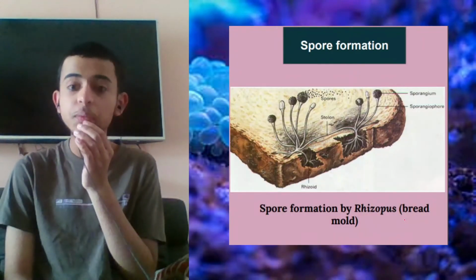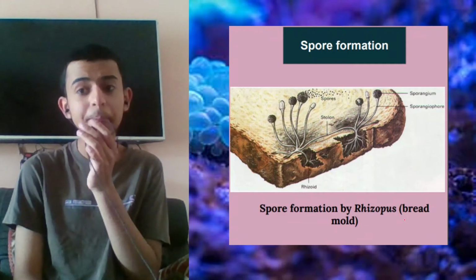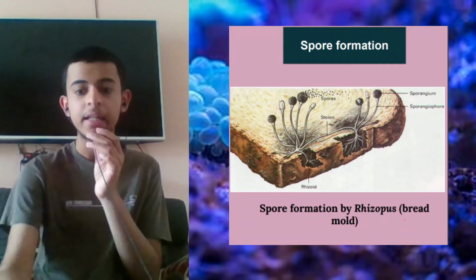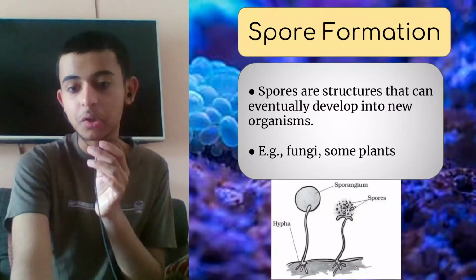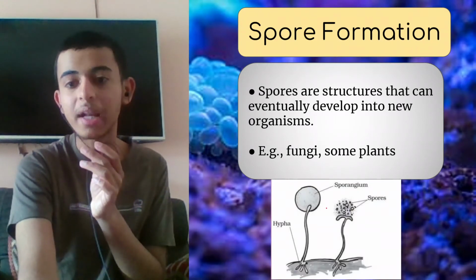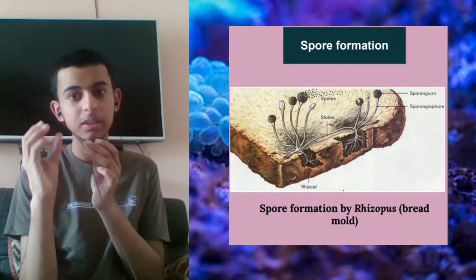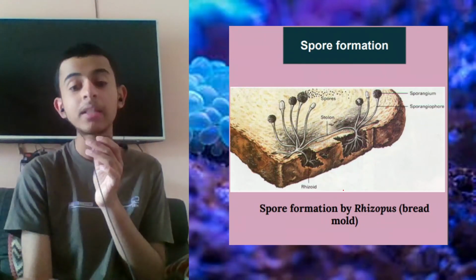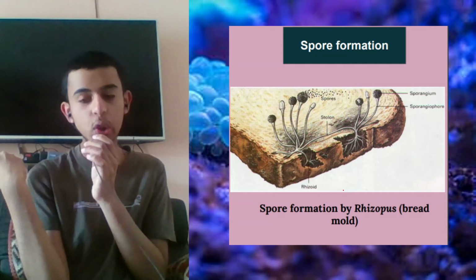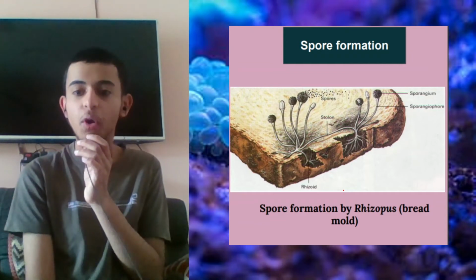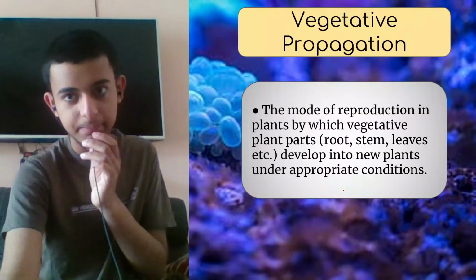If we talk about spore formation by Rhizopus, the bread mold, there are hyphae, and the sporangium is the reproductive part. Sporangium and hyphae are the parts that divide to form new organisms.